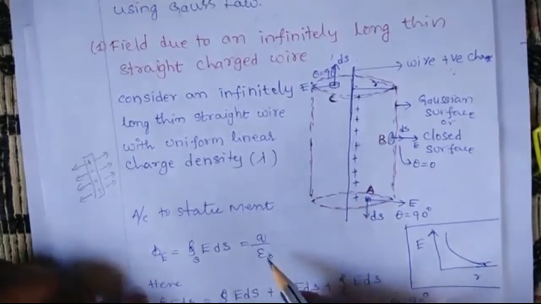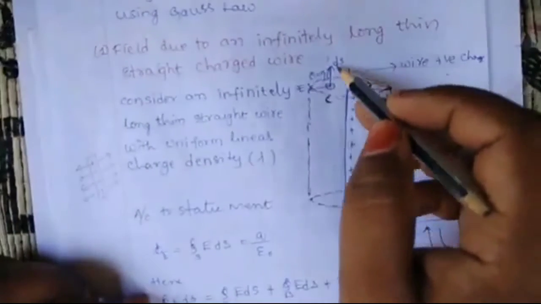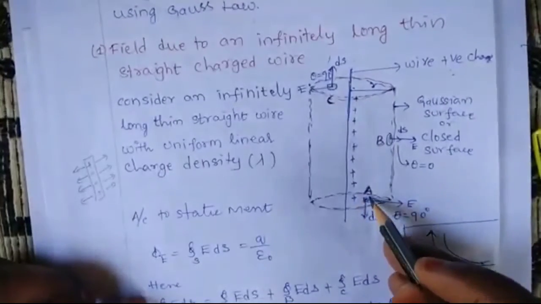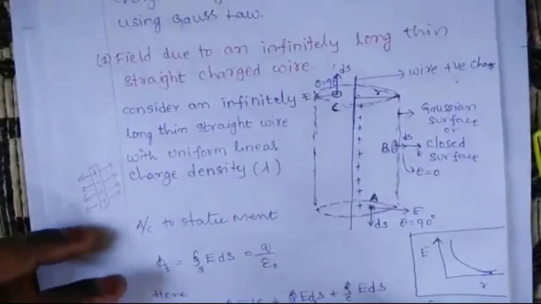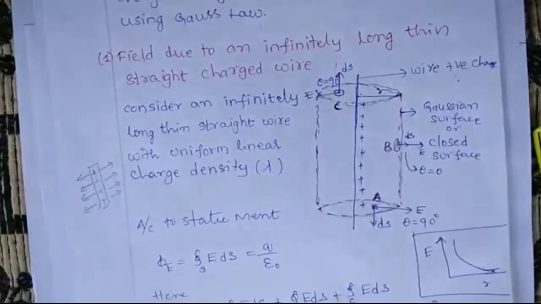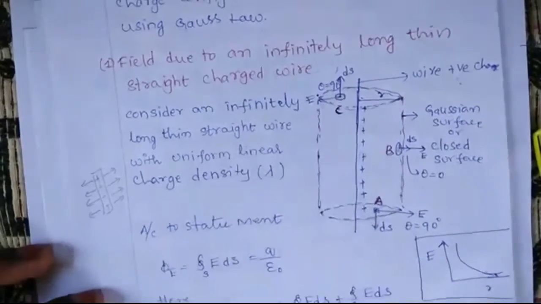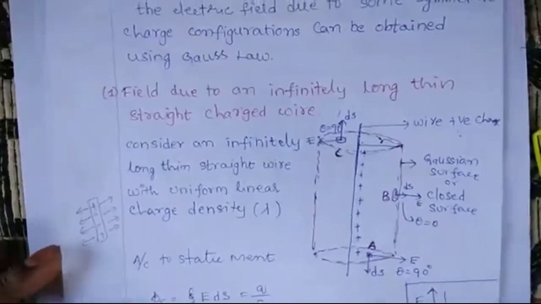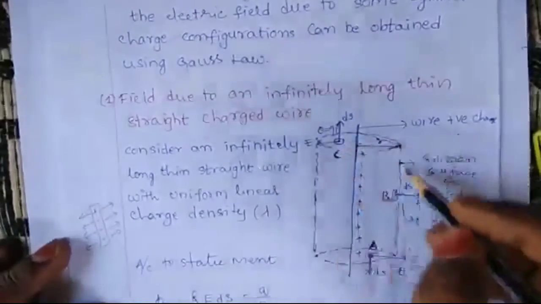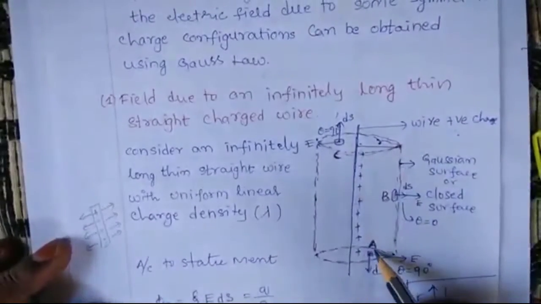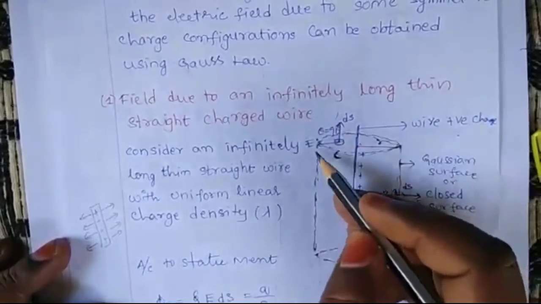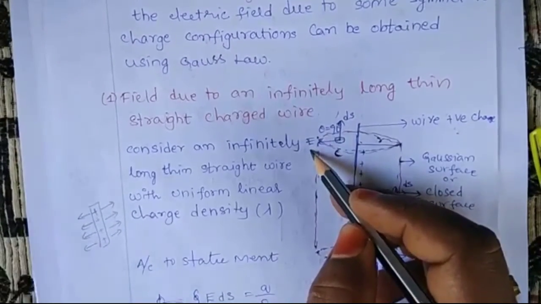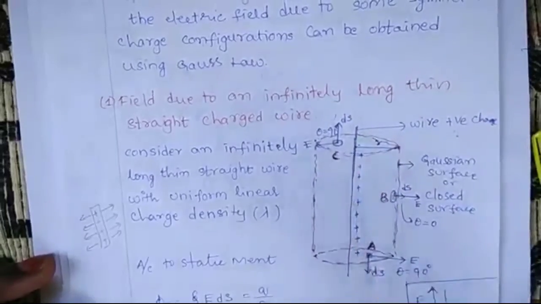So here we can calculate the total flux through the three areas A, B, C, sum them, and get the electric field intensity of an infinite wire. Observe these three points. At A and at C, the angle between electric field intensity and ds is 90 degrees.